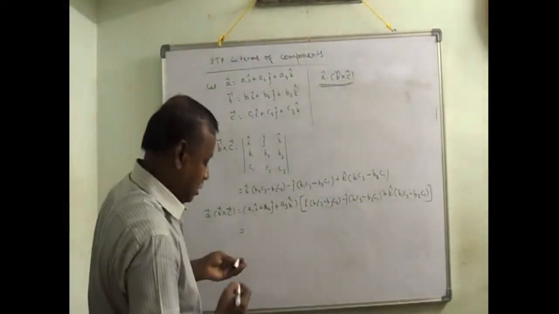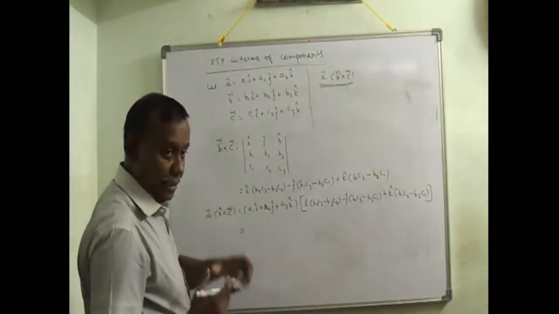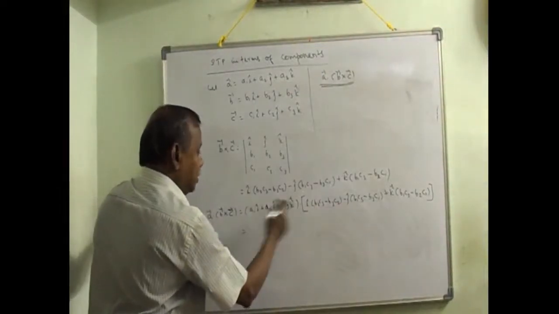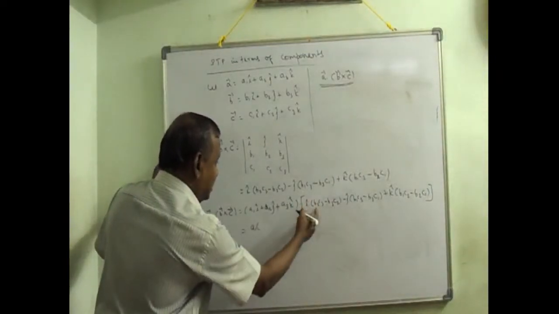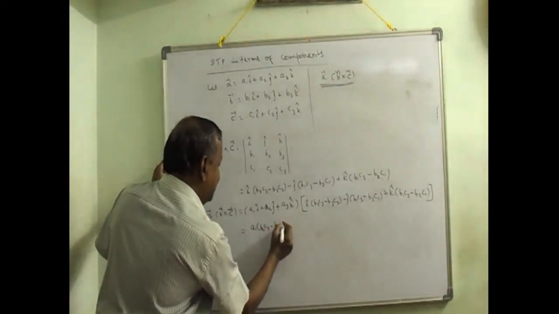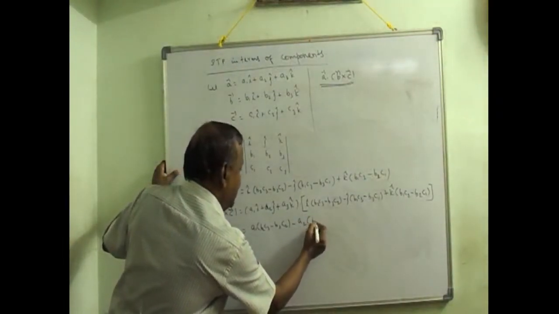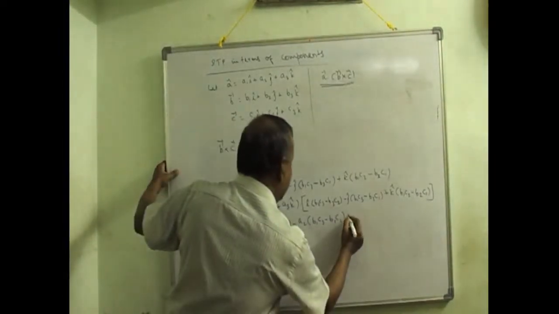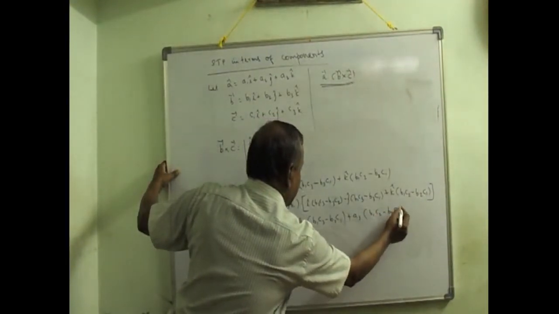Now, based on the dot product, we have to multiply the corresponding coefficients of the i, j and k vectors accordingly. That is A1 into B2 C3 minus B3 C2, minus A2 into B1 C3 minus B3 C1, plus A3 into B1 C2 minus B2 C1.